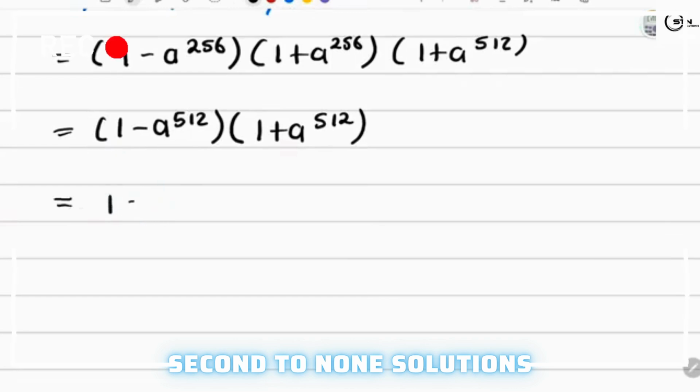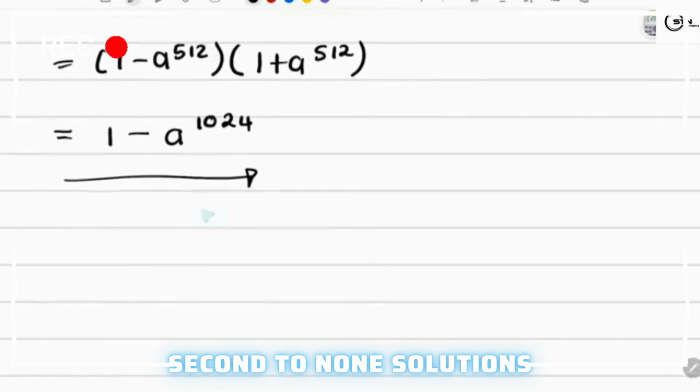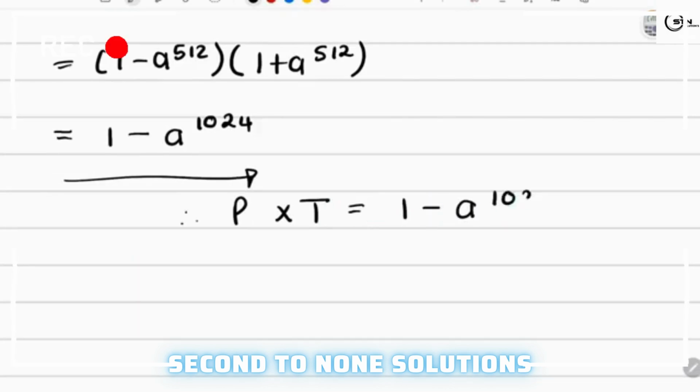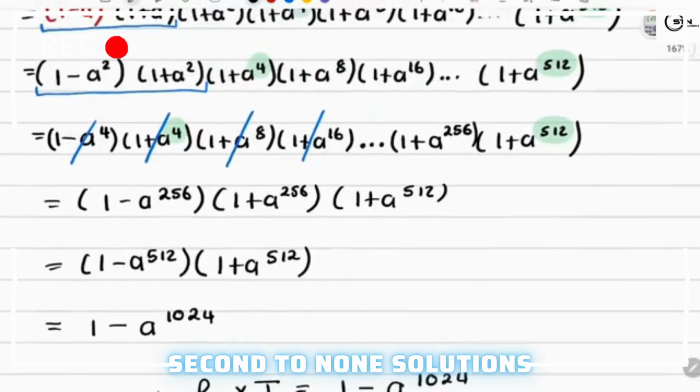So it's going to be 1 minus, base the same, multiply and add the exponents. It's going to be A to the power of 512 plus 512, which is 1024. That is what P multiplied by T is. It is 1 minus A to the power of 1024. And that is our answer there.